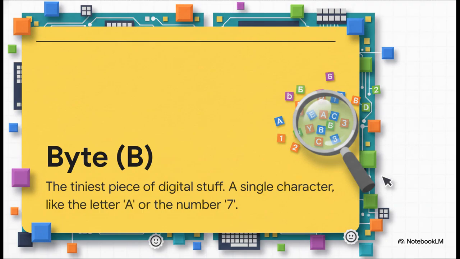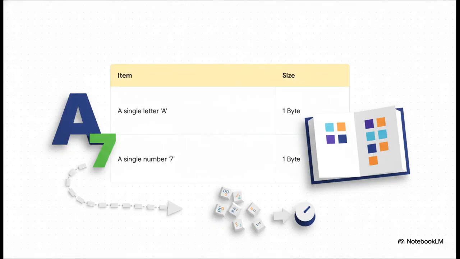All right, our journey begins with the smallest, most basic piece of digital stuff you can find, the byte. The best way to think about a byte is like a single, tiny building block. Everything you see on a screen is built using tons of these little guys. So just how tiny is a byte? Well, if you type one letter, say the letter A, that's exactly 1 byte.